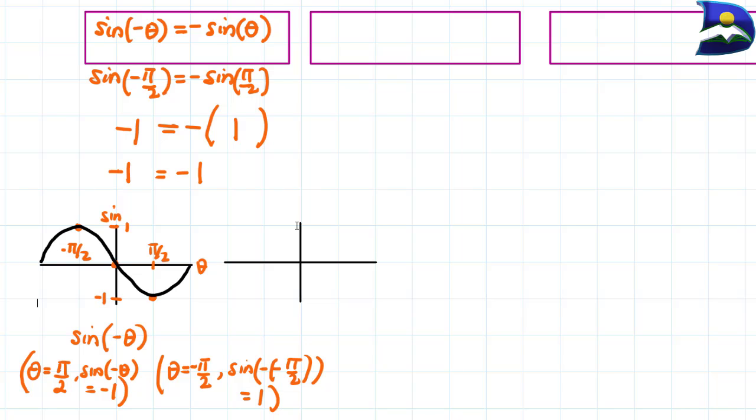Now let's see how this here may or may not be equal to the other one, which is negative sine theta. And when we do the same thing that we did previously by analyzing this part here, negative sine theta, where our y is equal to sine and our x is theta, we recognize that for the first point, where theta is equal to 0, our sine is equal to 0.